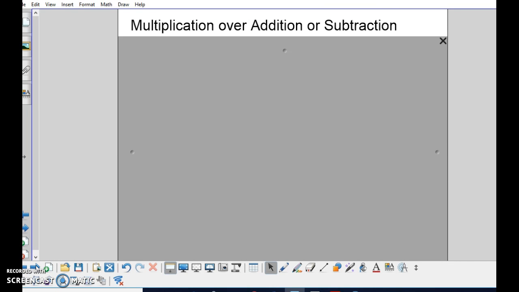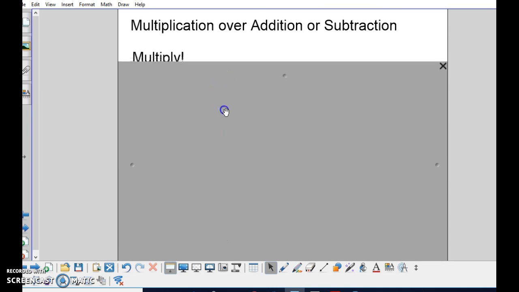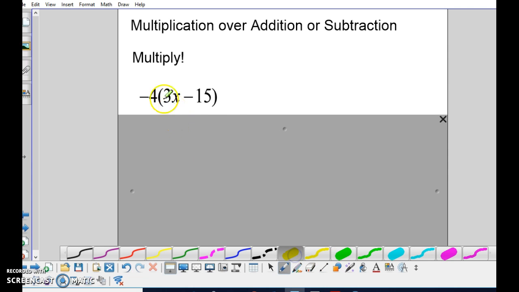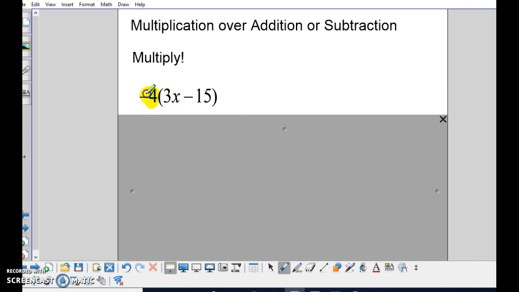For our first problem, we're going to multiply over addition or subtraction. So I would like you to write down this expression. Negative 4 times the binomial term 3x minus 15. What we need to remember to do is we have to distribute this negative 4 to everything inside the parentheses.